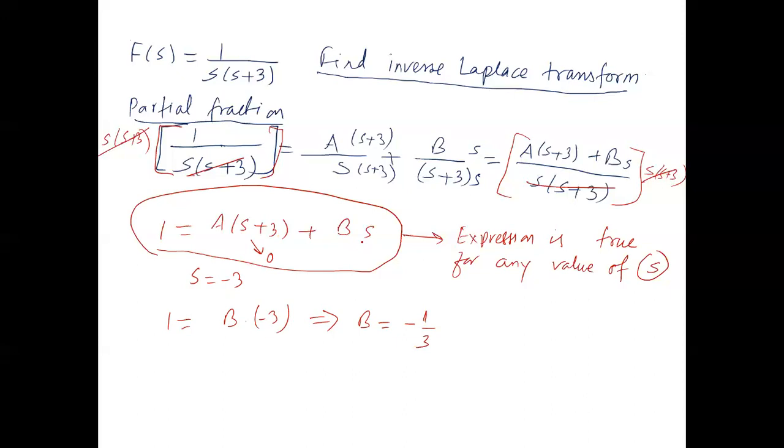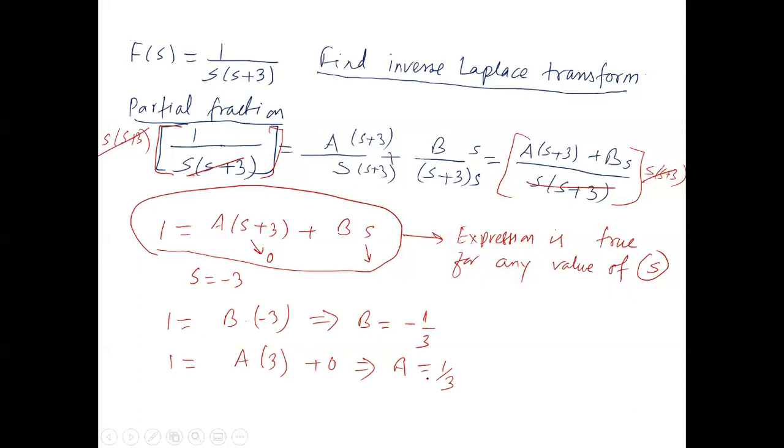Now put s equals 0 here. Then what do you get? 1 equals a times 3 plus 0, right? So this gives me a equals 1 over 3.